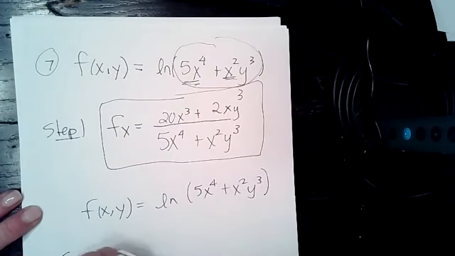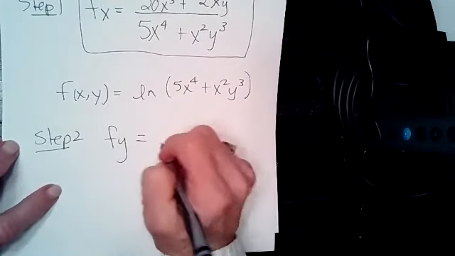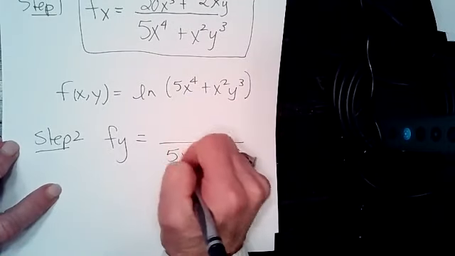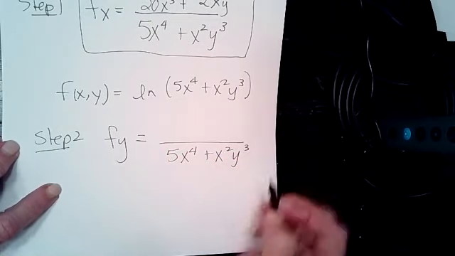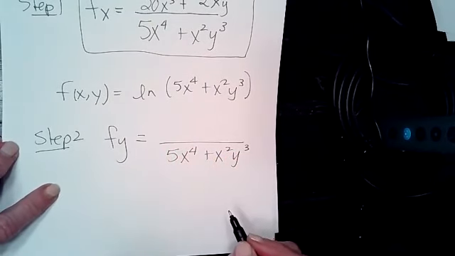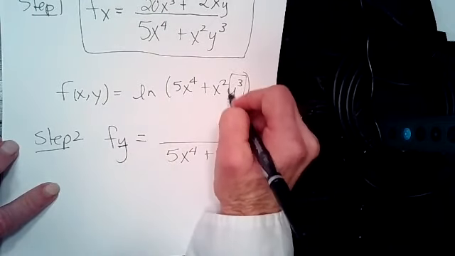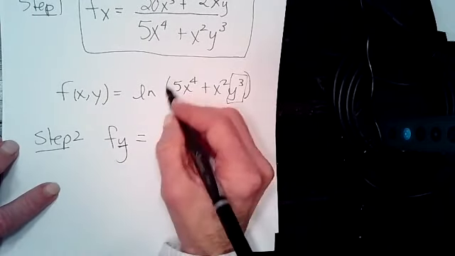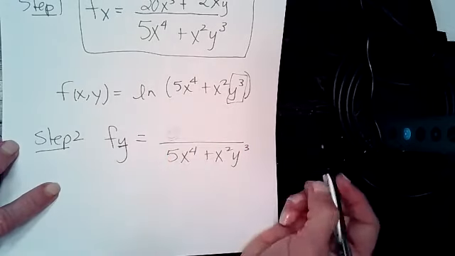Okay, and step 2, they want you to find the derivative with respect to y. The derivative of an ln, right? So it's going to be the derivative over the function. I'd make my fraction bar and put the bottom in first, okay? So the derivative with respect to y, there is my y term. That means 5x to the fourth is constant, so that derivative is 0, okay?